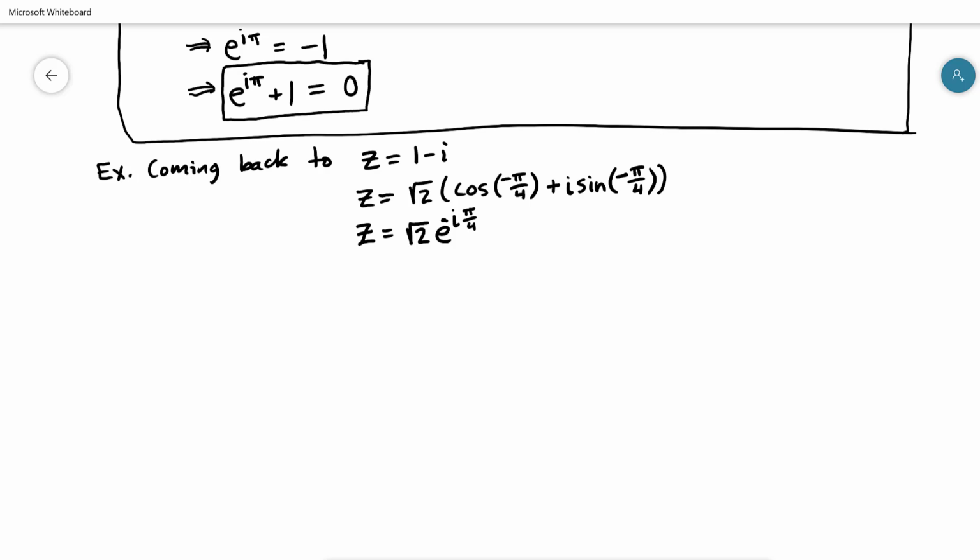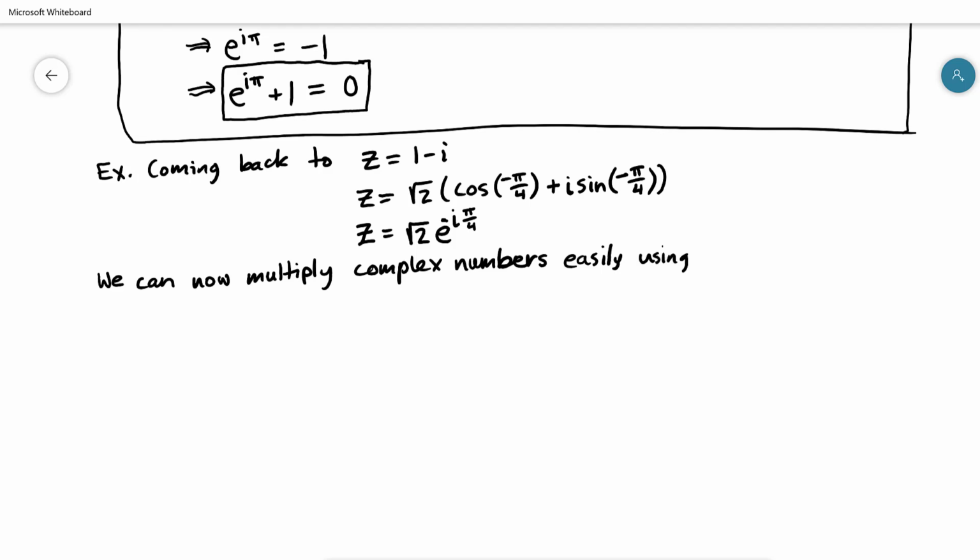So for example, we can now multiply complex numbers easily using basically just exponent rules.